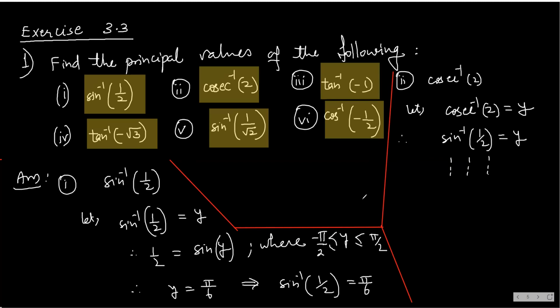See the fourth one, how I solve. This is tan inverse of minus root 3. I will write here tan inverse of minus root 3.